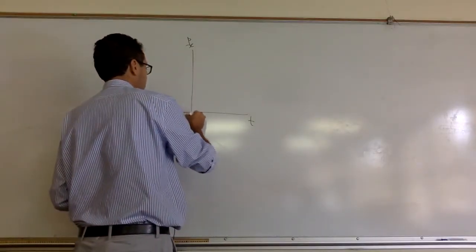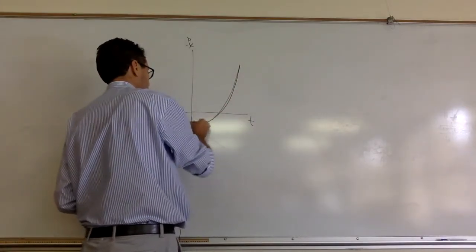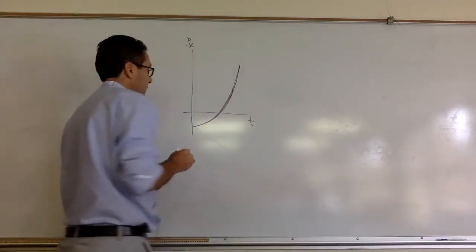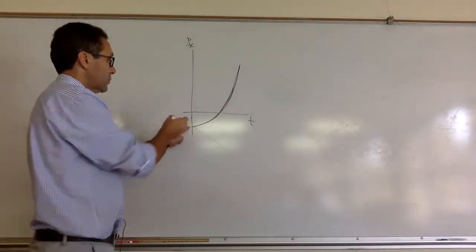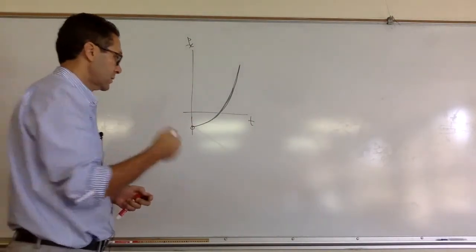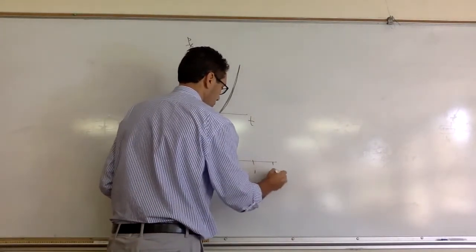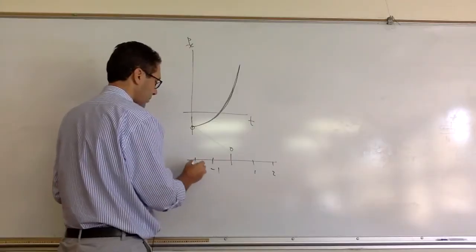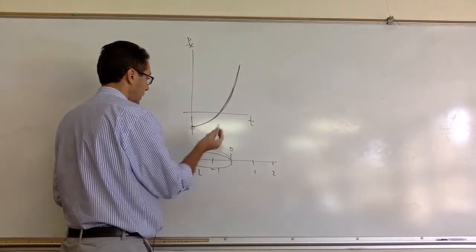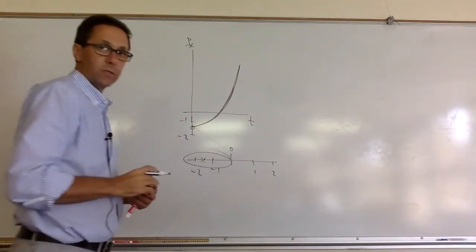So if I have a graph that looks like this, okay, this means that when the clock started, I was behind the zero on the number line. So if your number line is 0, 1, 2, -1, -2, you probably started on the negative side, somewhere in between -1 and -2.